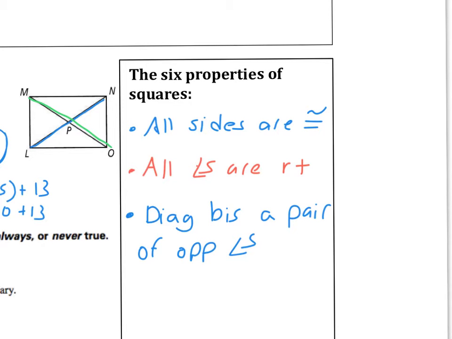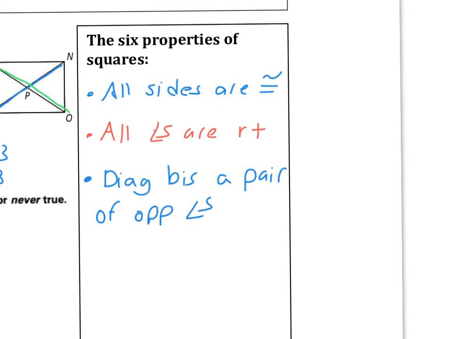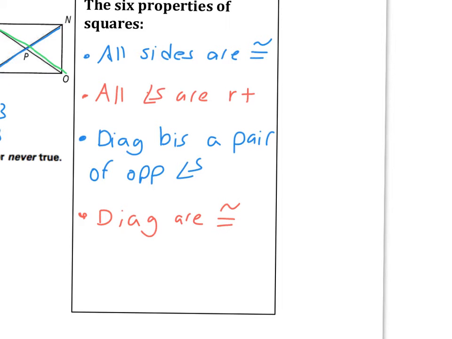Good. So in terms of its rhombus heritage, we know that diagonals bisect a pair of opposite angles. So this is a rhombus heritage. This is a rhombus heritage. This one right here is a rectangle heritage. Also rectangle heritage, diagonals are congruent. So in the parallelogram heritage, we know that diagonals bisect each other.